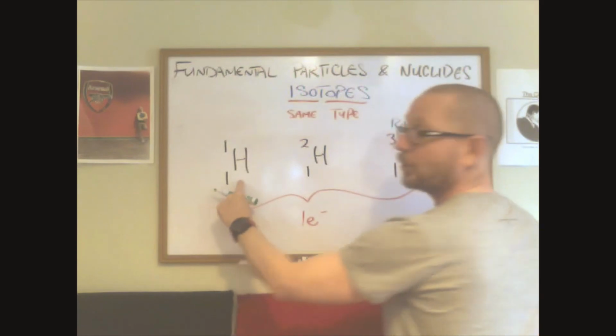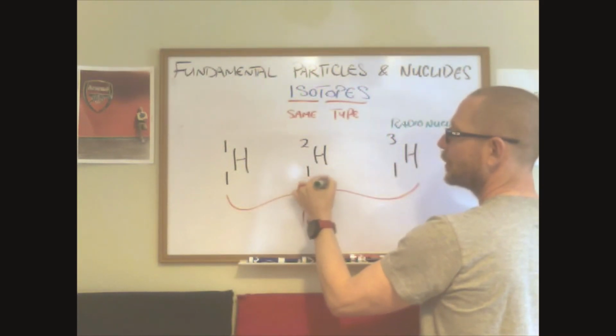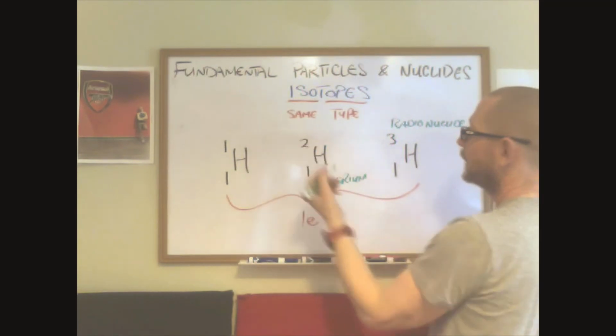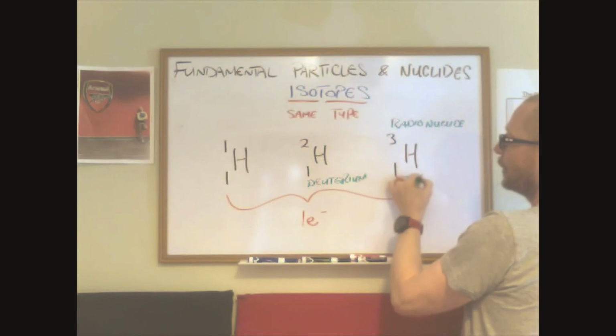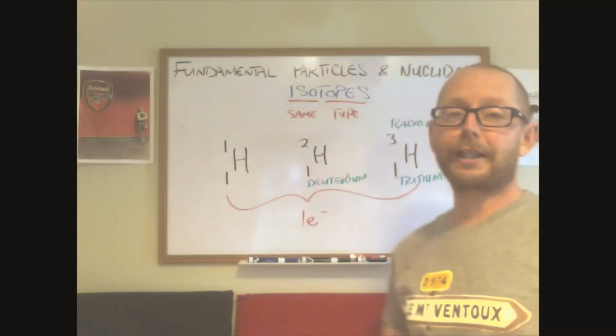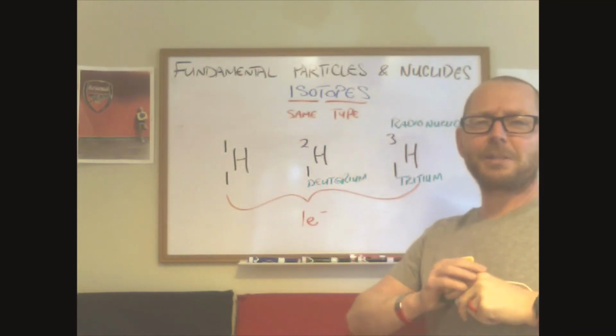Last piece is, we call this hydrogen, hydrogen, hydrogen. This has another nickname. Deuterium, deut meaning 2, and then here we have tritium, tri meaning 3. And some of you may actually have a little bit more experience with tritium than you think.